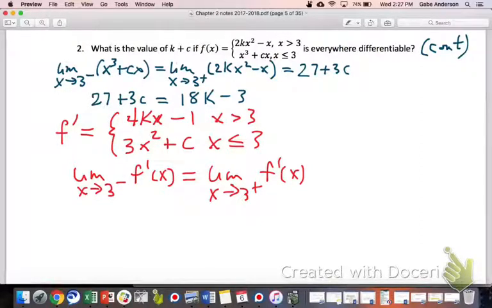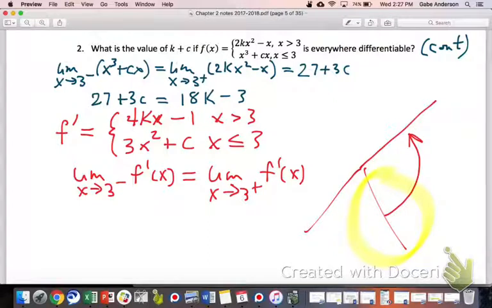You follow me? If the derivative from the left and the derivative from the right are not the same, don't we get like a sharp point idea? But if we take this part and we change its angle to be that, don't we get something that is differentiable? So I want to basically make sure that this angle is the appropriate angle so that we don't get the sharp point.